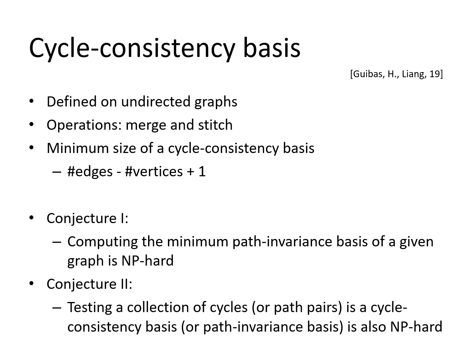But one difference between path-invariant basis and cycle consistent basis is that we conjecture that given a directed graph, computing the minimal path-invariant basis is NP hard. Even though we have a polynomial upper bound, computing the minimum one, we conjecture, is NP hard. We also have another conjecture that testing path-invariance basis is also NP hard.